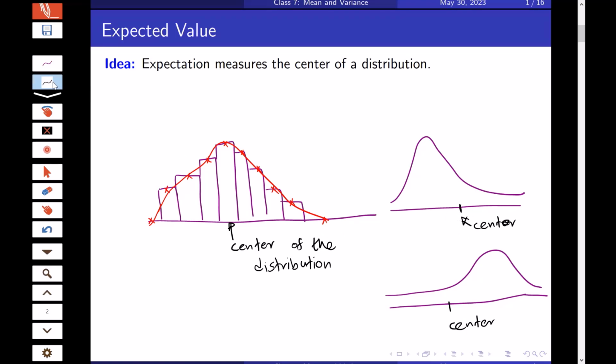One more thing, there are a few more terminologies we can use depending on the application and the field where we are using this expected value concept. We will use different terminologies for the expectation: mean, average. Average is the most common one. Average and expected value are used in probability.